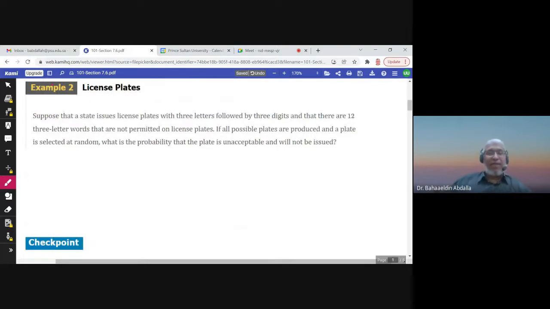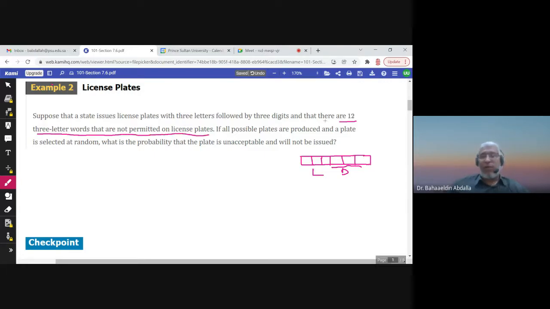Suppose that a state issues license plates with 3 letters followed by 3 digits. Let me think of the problem carefully. 3 letters, then 3 digits. 12 3-letter words are not permitted on license plates.